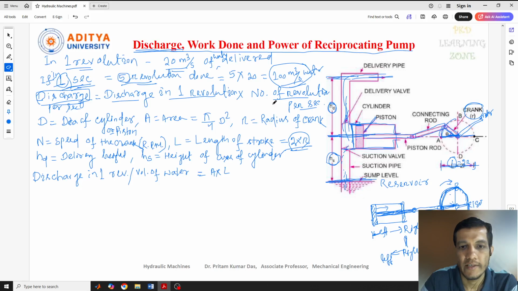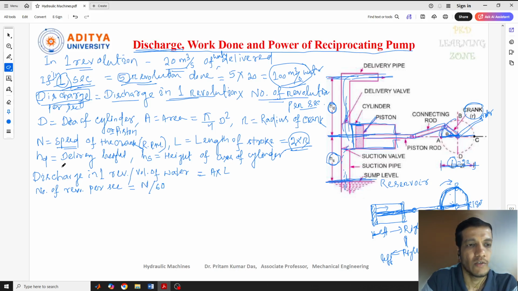The second thing is the number of revolutions per second. With N as the speed, the number of revolutions per second is N by 60.